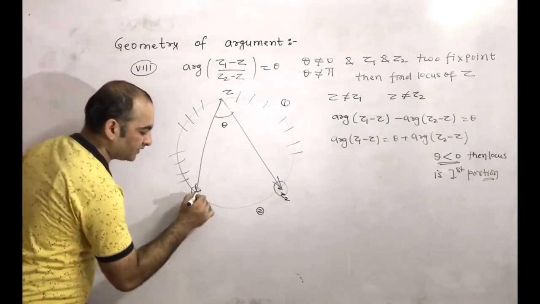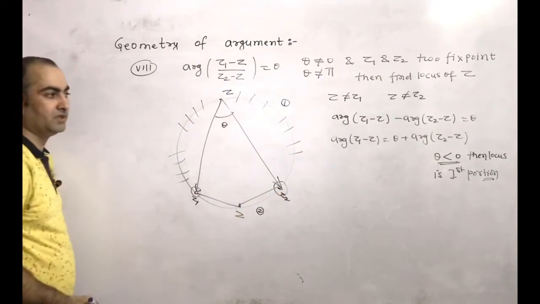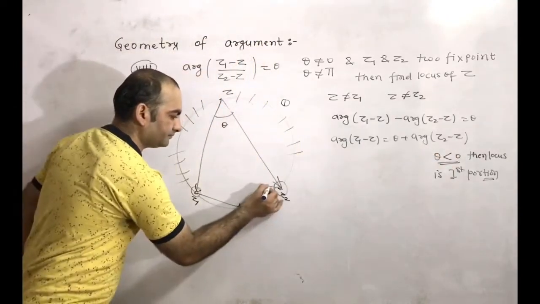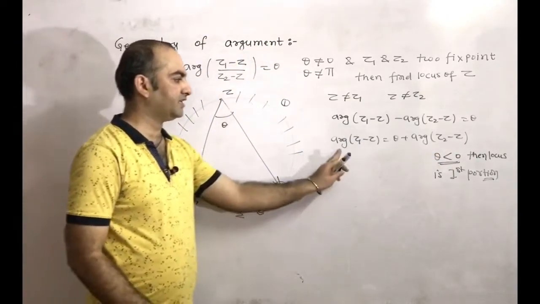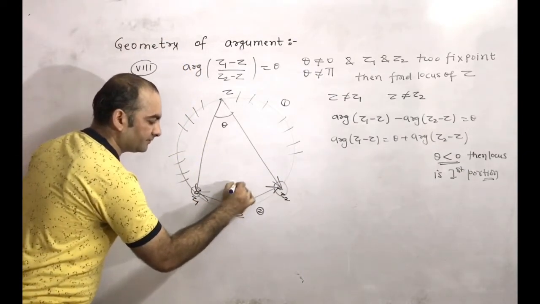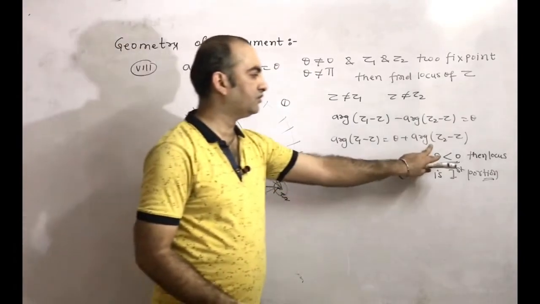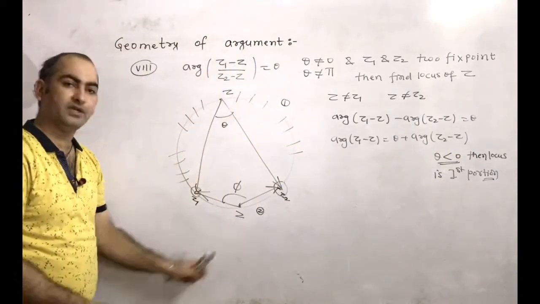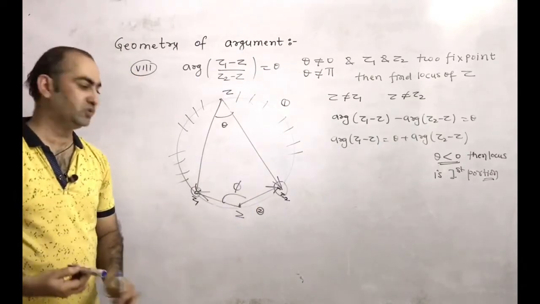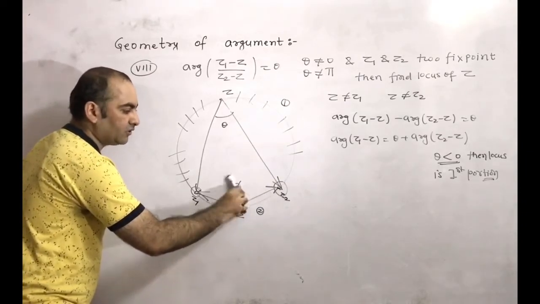Okay, second thing, this portion. This is z. So what is argument of z2 minus z? This line will come. And what is argument of z1 minus z? This line will come. Suppose this angle is phi. Now argument of z2 minus z is this one. Now we have to rotate this phi angle in which direction to get this one? In anti-clockwise direction.